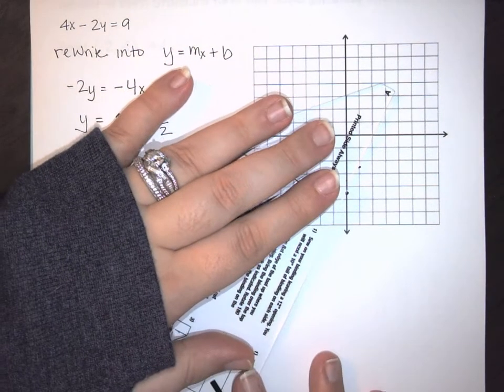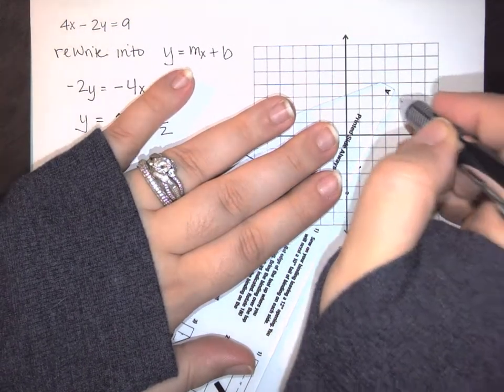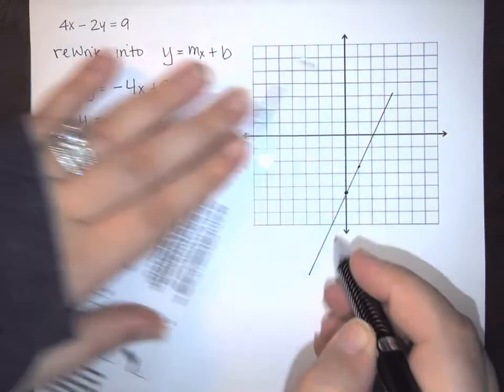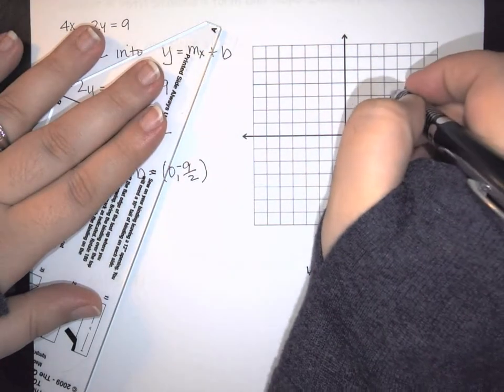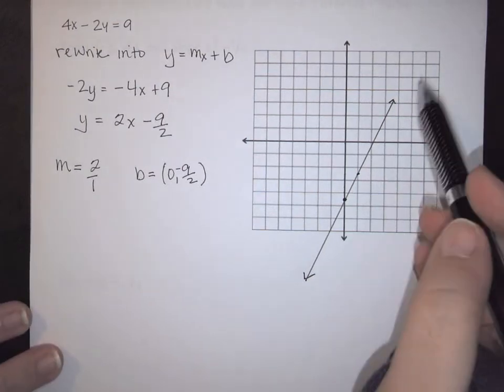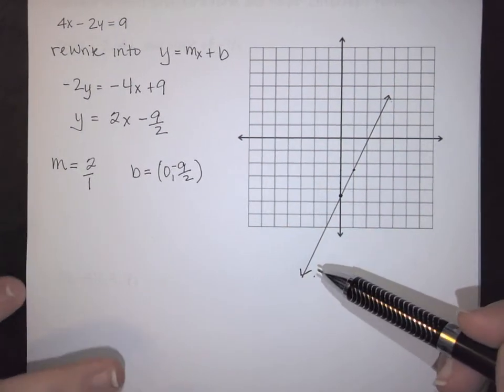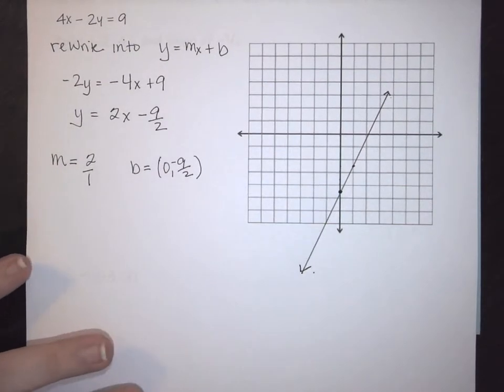So we're going to line up our ruler and just simply draw your line. Now the biggest thing you want to remember about your line is that your arrows are going to go forever in both directions.